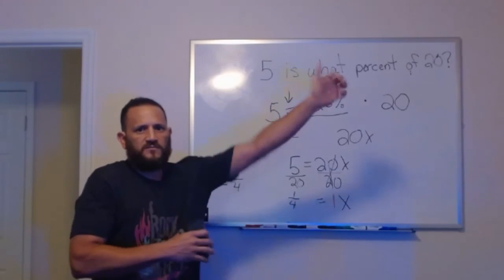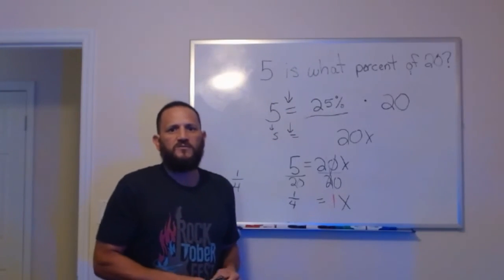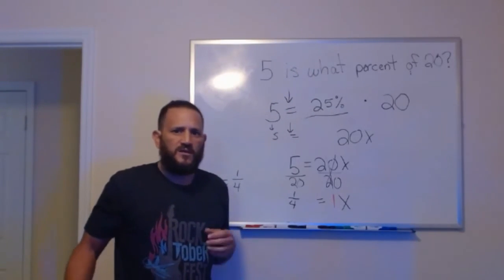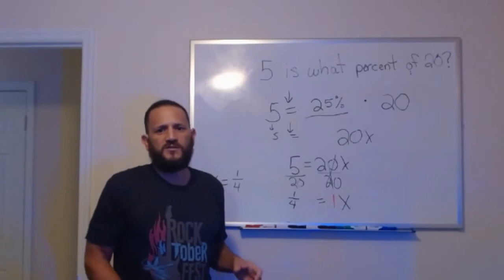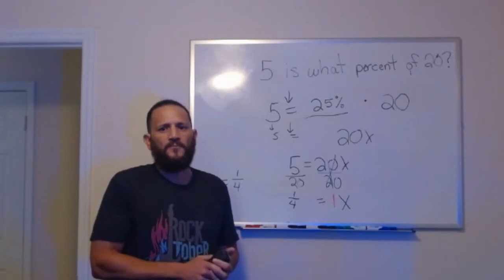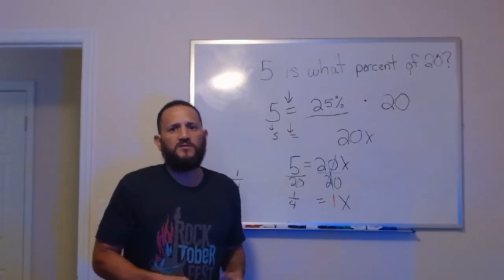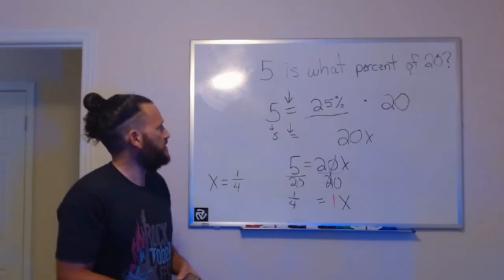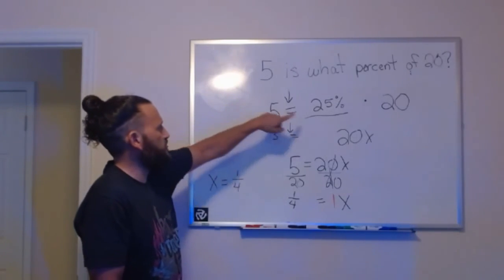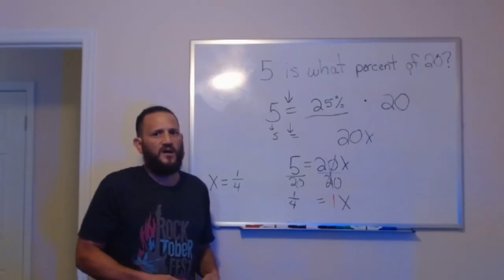So I wanted to help my son get through college, get his degree. So I took really good notes. So that's it. 5 equals 25% of 20.